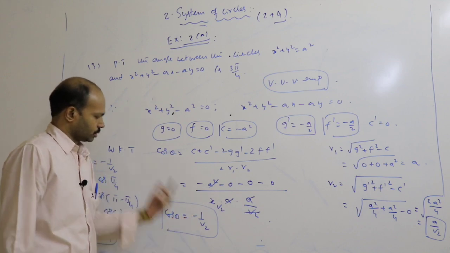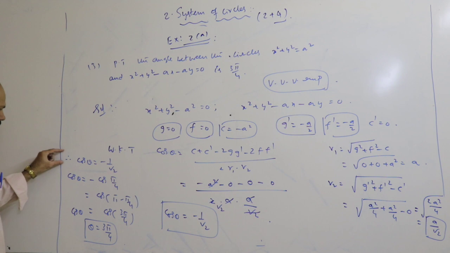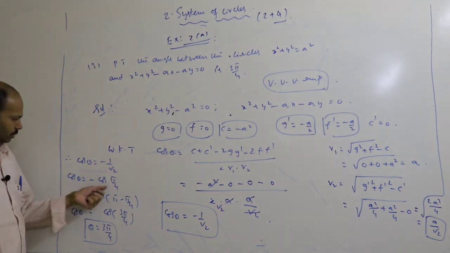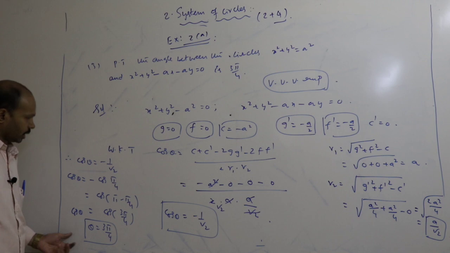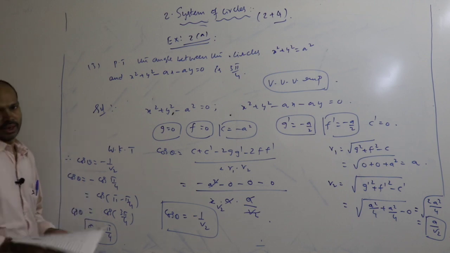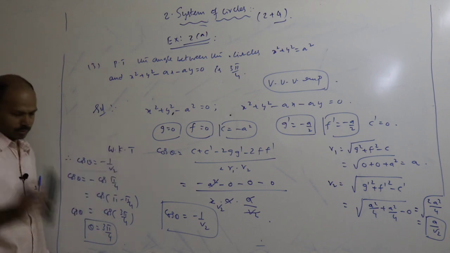Just applying the values, we get cos theta is minus 1 by root of 2, cos of pi minus pi by 4, that is 3 pi by 4. Therefore, the angle between the given circles is 3 pi by 4, 135 degrees. Right? All of you do this question at least 2 times.